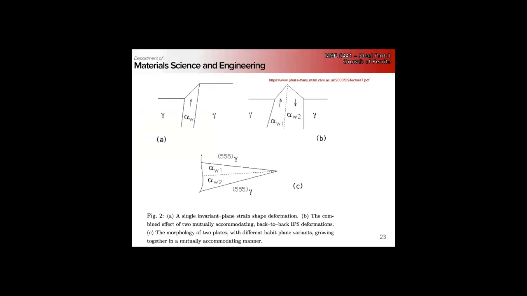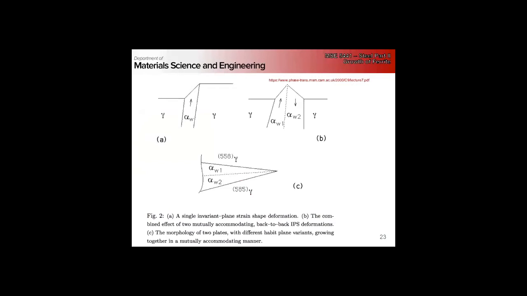And unlike Bainite, we need to accommodate this shear. Bainite did it by slip in the austenite. Martensite does it by either slipping or twinning in the Martensite, because we need to satisfy our PTMT.